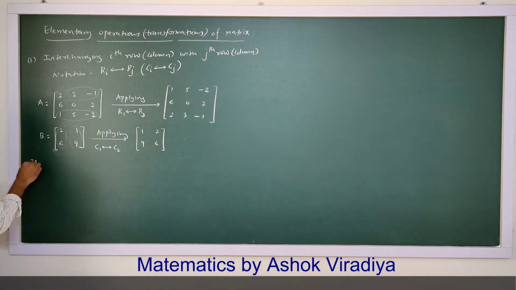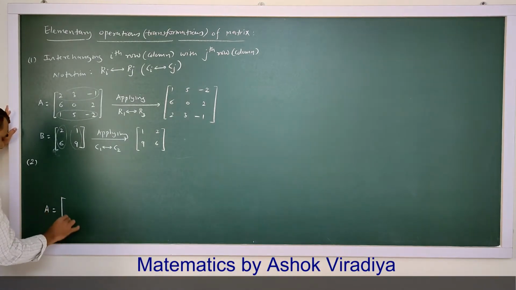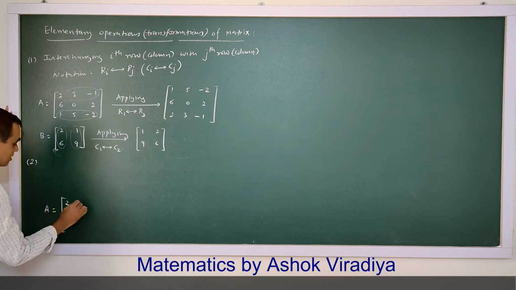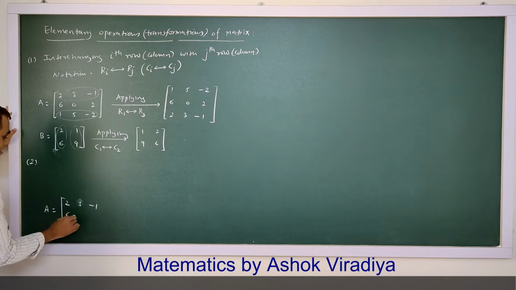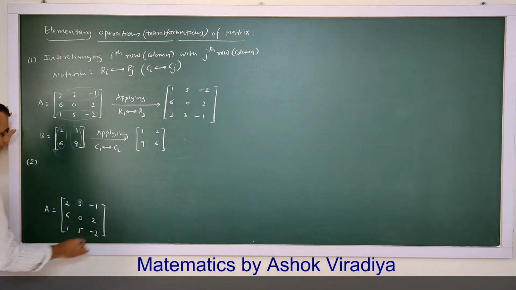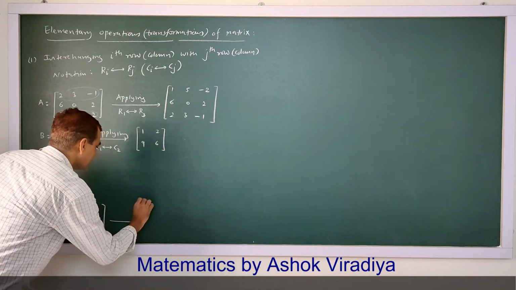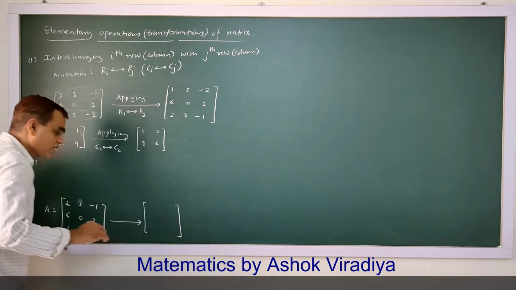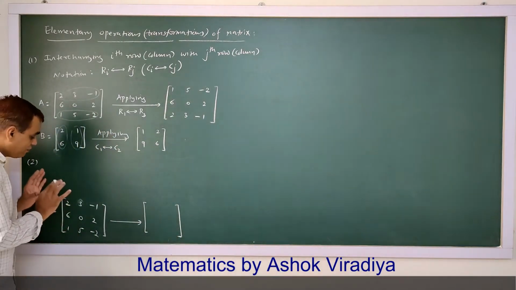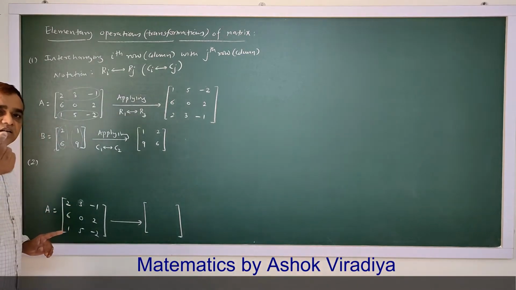Now the second operation. Suppose matrix A is, taking the same matrix, 2, 3, minus 1, 6, 0, 2, 1, 5, minus 2. Now what do we do? We want a new matrix such that I multiply any one row by a non-zero constant.